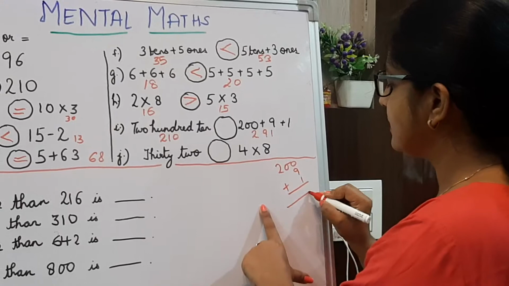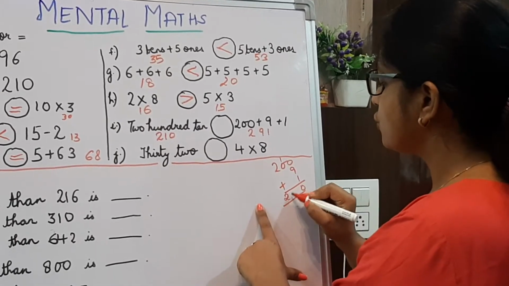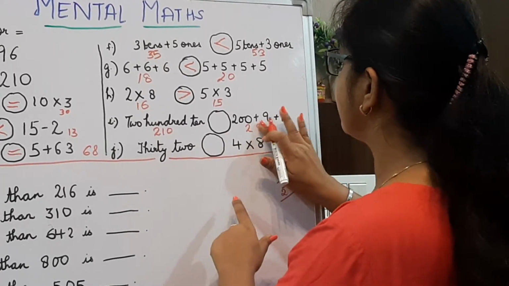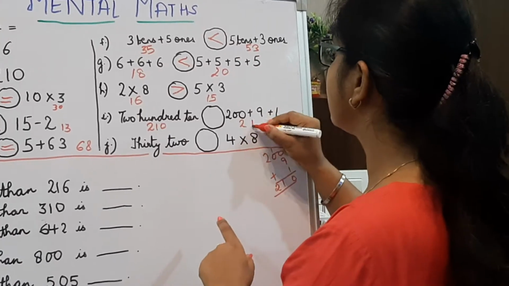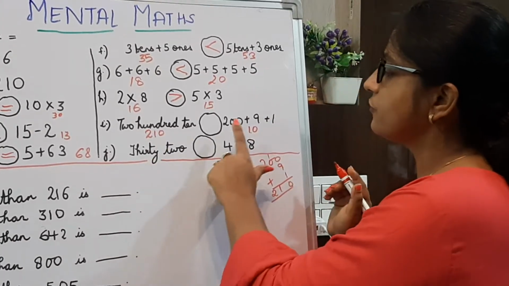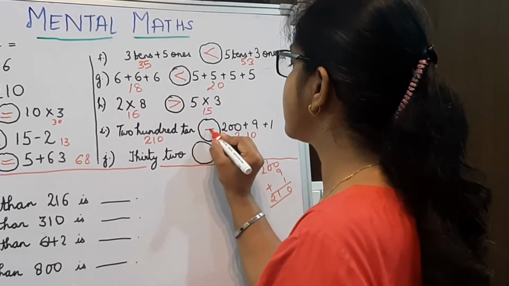So when we add this, we will get again 210. So this 210 and 210 makes them equal.